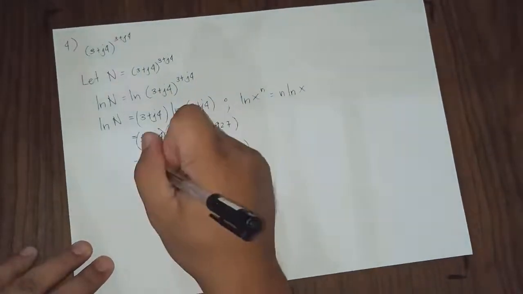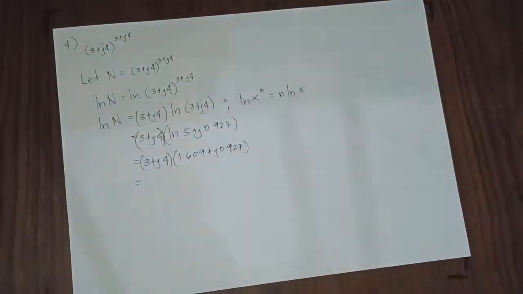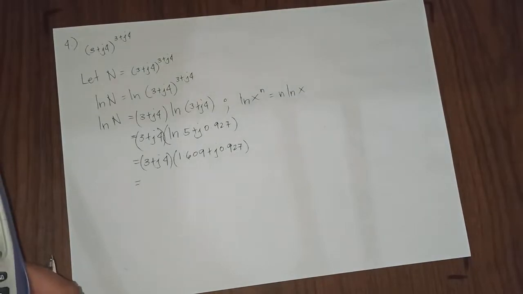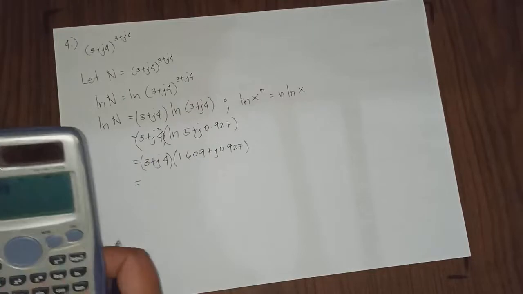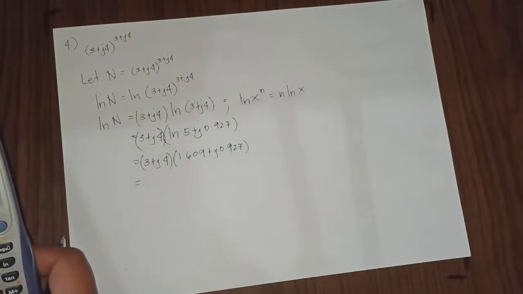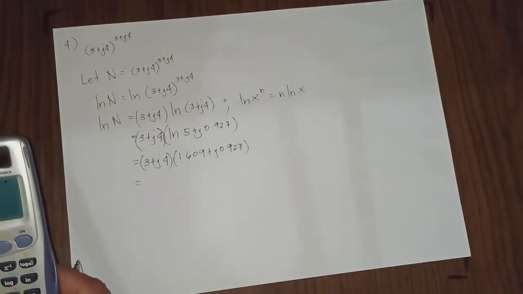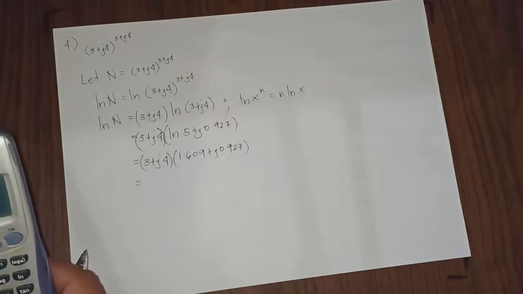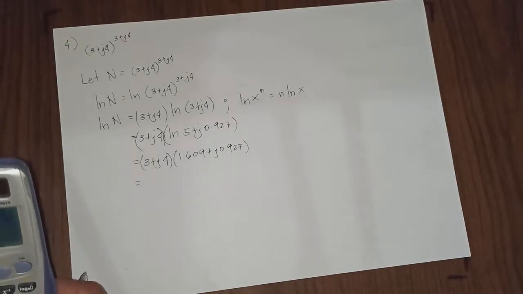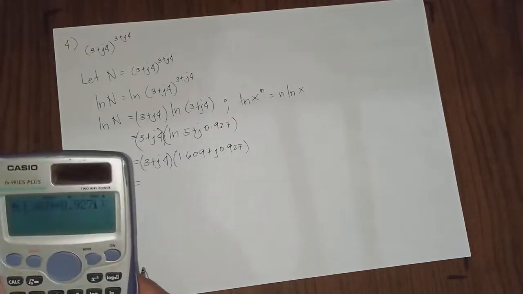Then multiply them. What is the answer? 3 plus 4i times 1.609 plus 0.927i.